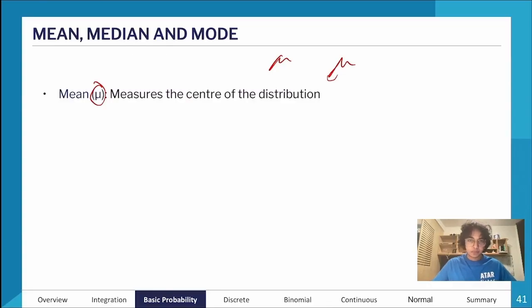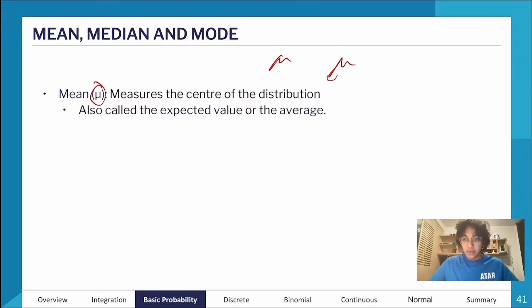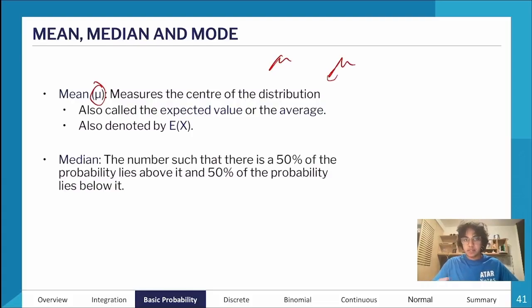The mean measures the center of the distribution, and it's also known as the expected value. Hopefully this rings a bell to an integration technique we talked about earlier, the average value of a function. When we talk about continuous probability, this can be pretty important, so keep that in mind. It's also denoted by E of x, which just means the expected value of x, because the average and the expectation are about the same.